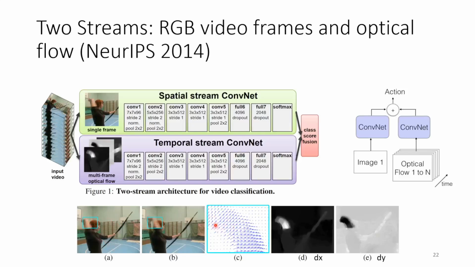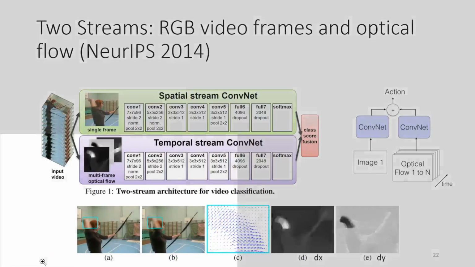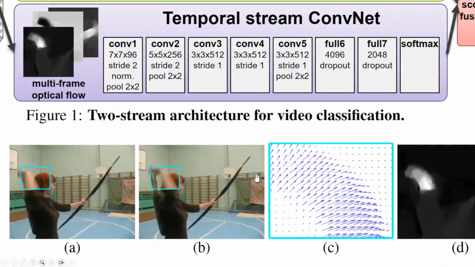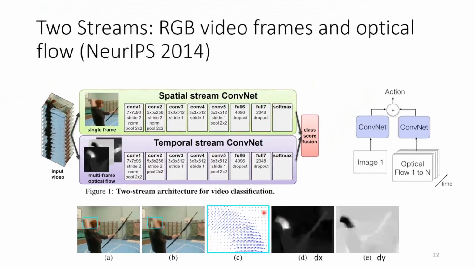So this is the flow. Let me enlarge it. For every pixel here, you can see there's a movement from the previous frame to the next frame.